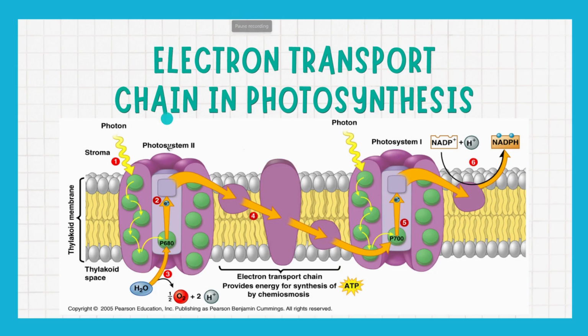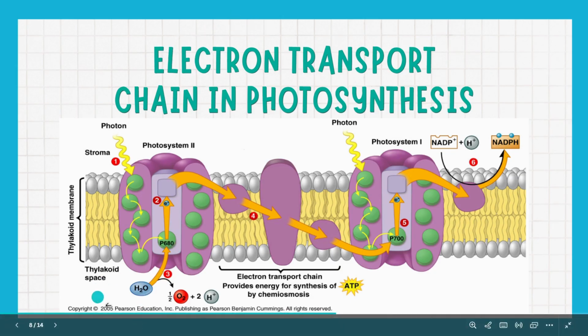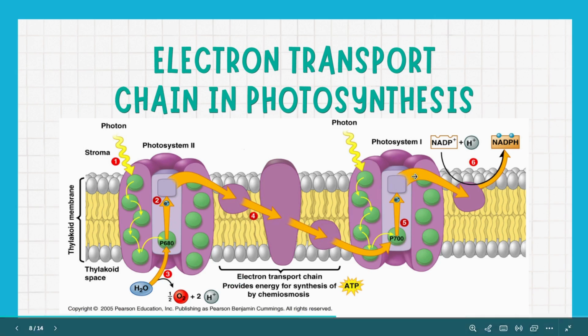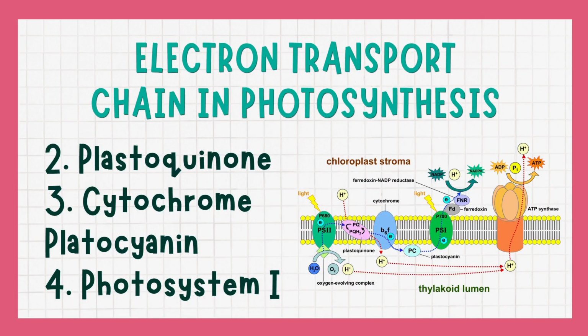So for the photosystem 2, it splits the water molecules, and ngayon sa photosystem 1, its primary purpose is to recharge electrons. So in the electron transport chain, we also have three more processes or proteins na kailangan daanan.